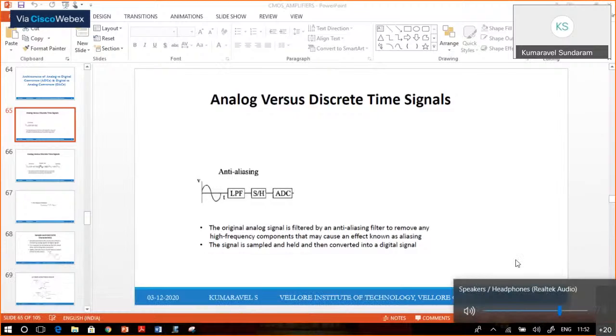Sir, you can make it full screen. Yes, can I start, sir? Yes, sir, make it full screen.